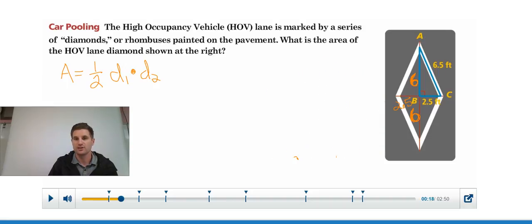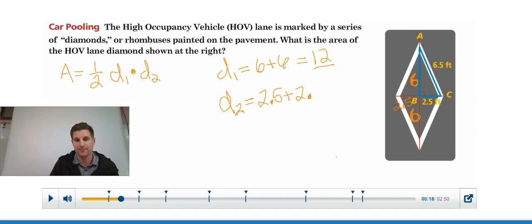Okay. So let's look at our diagonals. Our diagonal 1 is 6 plus 6, which equals 12. And diagonal 2 is going to be 2.5 plus 2.5, which is going to equal 5.